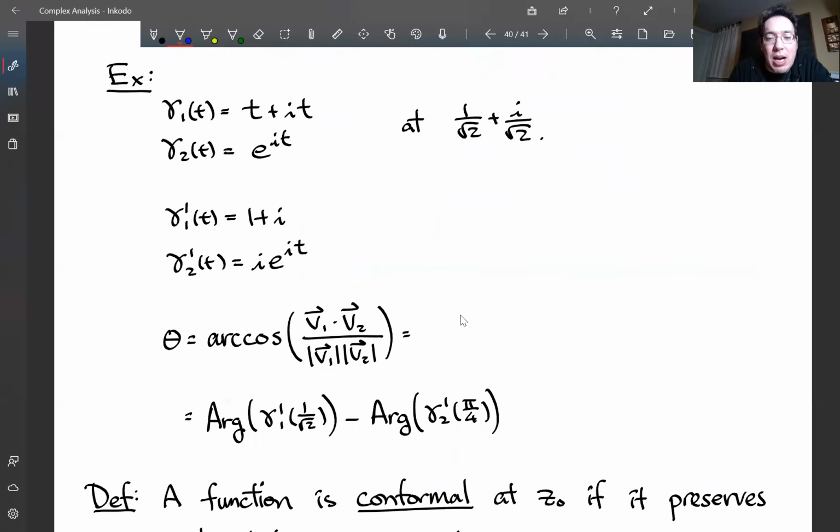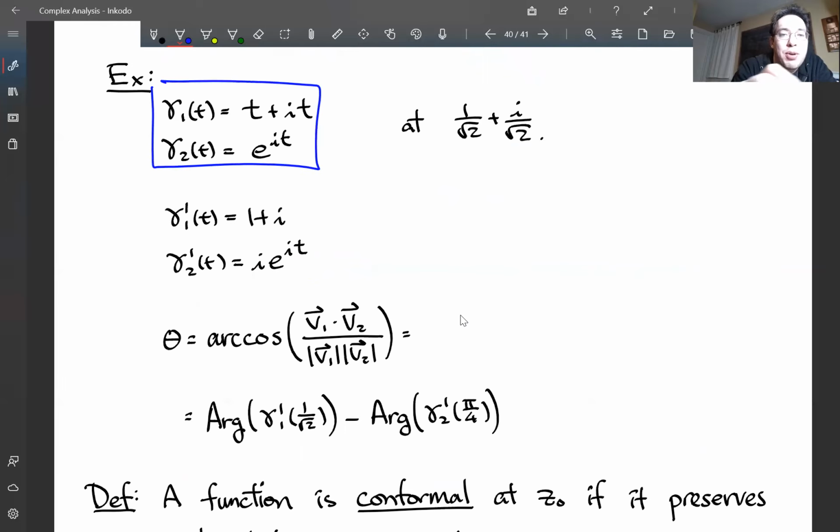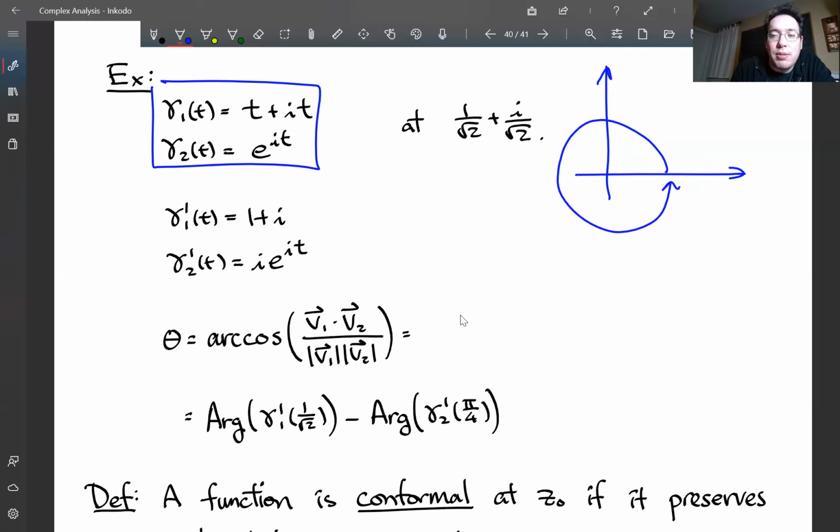Okay, so let's do an example. Let's say we have these 2 curves. Let's draw them. Gamma 2 is the unit circle starting from 1 going counterclockwise. So this thing we know how to graph.